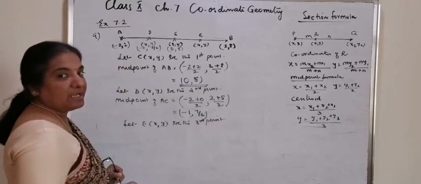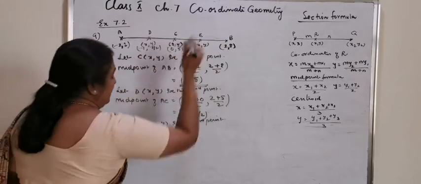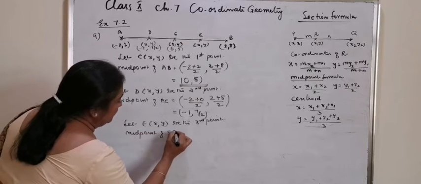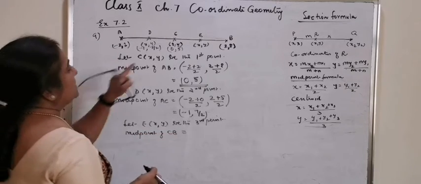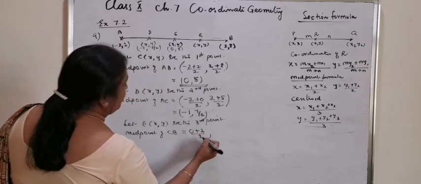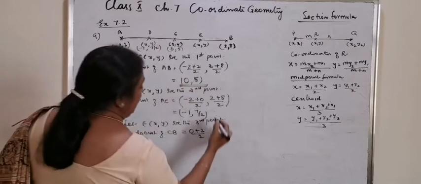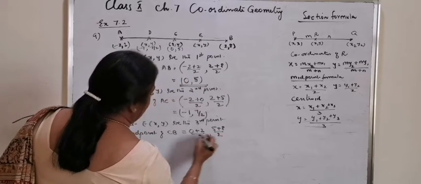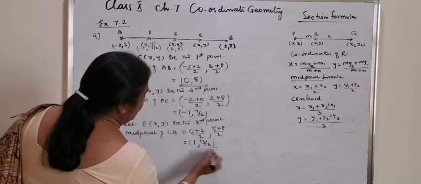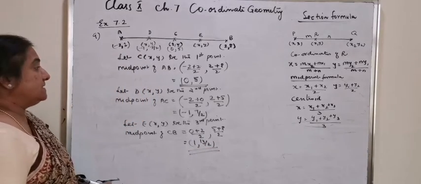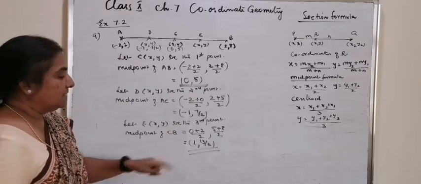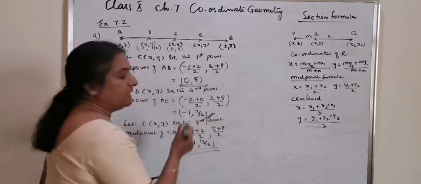E can be found out as the midpoint of CB, which is 0 plus 2 divided by 2 and 5 plus 8 by 2, that is 1 and 13 by 2. So which are the 3 points? The first point is 0, 5. Second point is minus 1, 7 by 2. Third point is 1, 13 by 2.